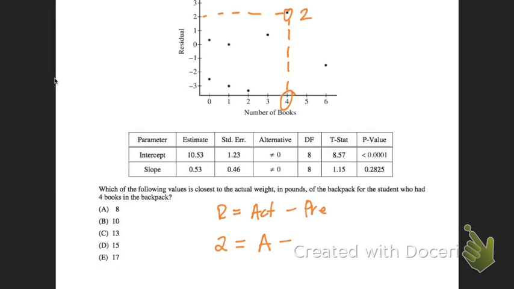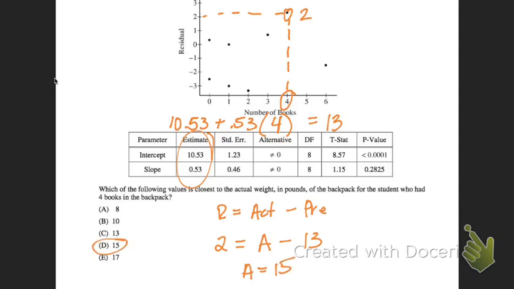I can calculate the predicted using my LSRL, which would be 10.53 plus 0.53 times 4, because I'm just plugging that in for X. And you end up getting 13 when you do that. So actual is going to be 2 plus 13, which is 15.